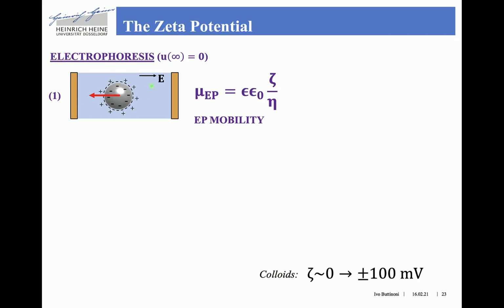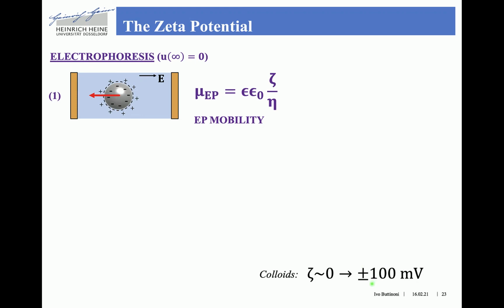It is what instruments like a Zetasizer return as measurement outputs, where they apply an external electric field. They measure the velocity of the particle under this applied external electric field, and as such, they extract the mobility. And for colloidal particles, zeta is in the range of 0 to plus or minus 100 millivolts, either for positively or negatively charged particles.